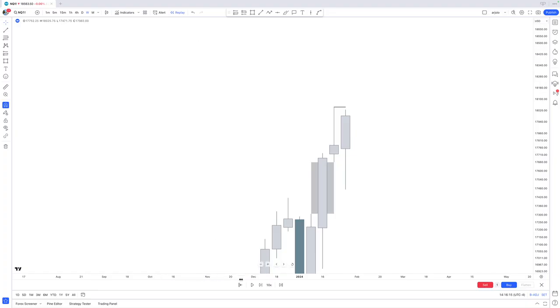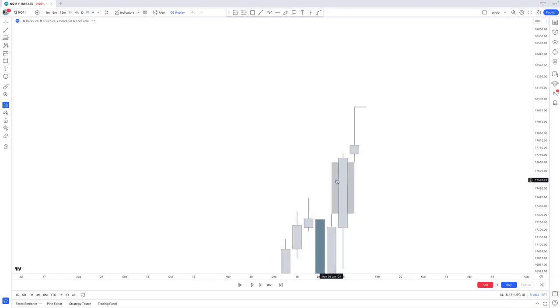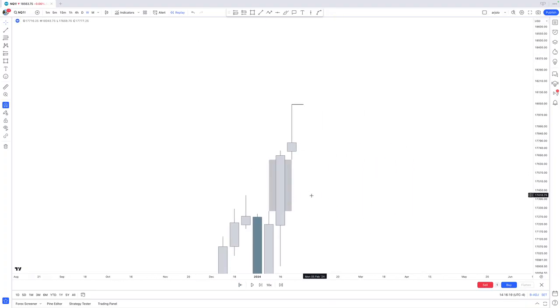Now, what can we see? When we come into this boundary in the form of that weekly Verweij gap, the only target that we have right now, and what I mean by a target is, when we come into a boundary in the form of a discount array, the target is going to be the first opposing PD array, which in this case is the first premium array that we actually come into, that we can trade into.